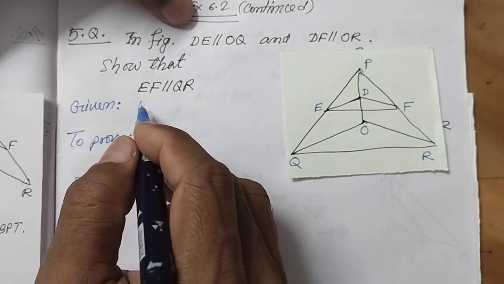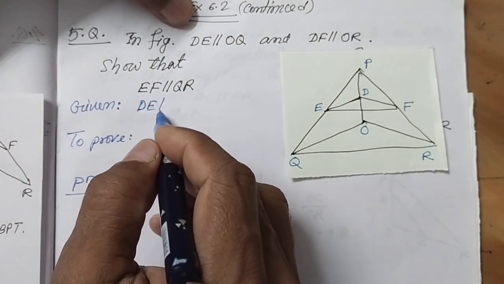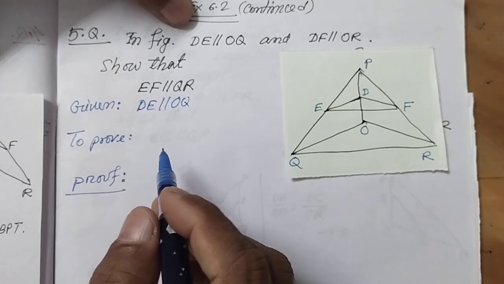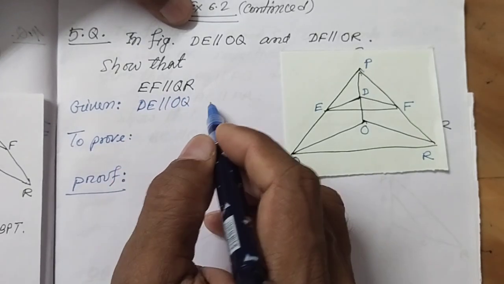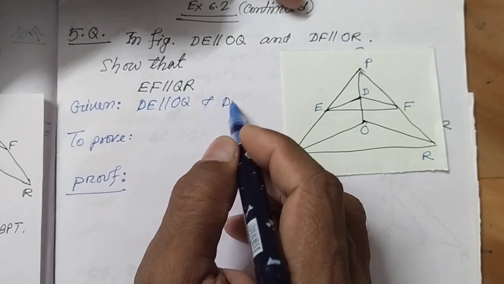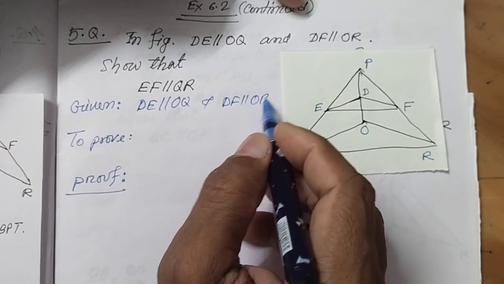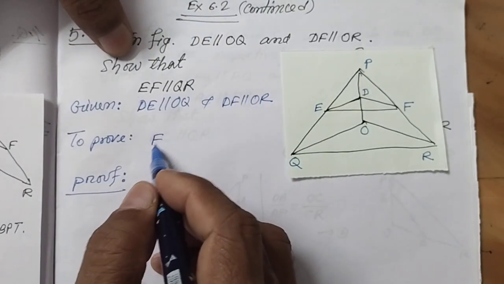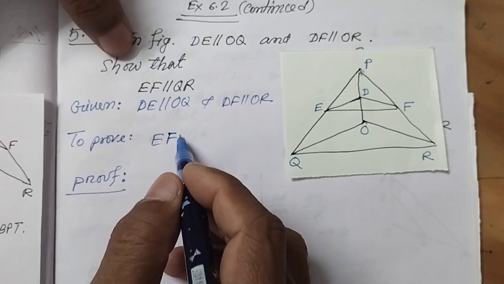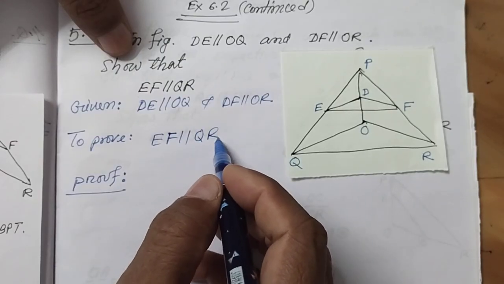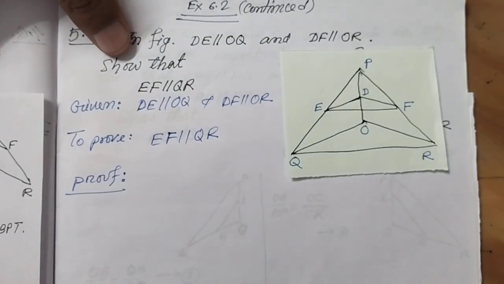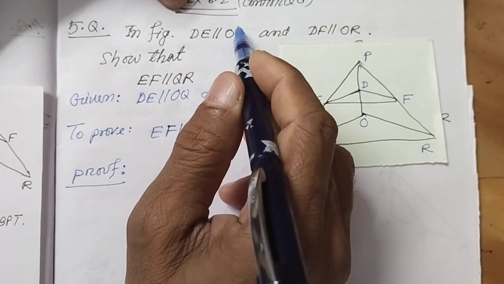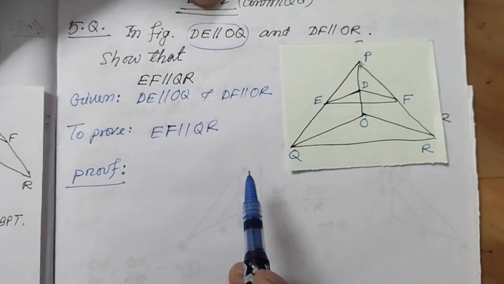Given: DE parallel OQ, and another condition, DF parallel OR. To prove that EF parallel QR.